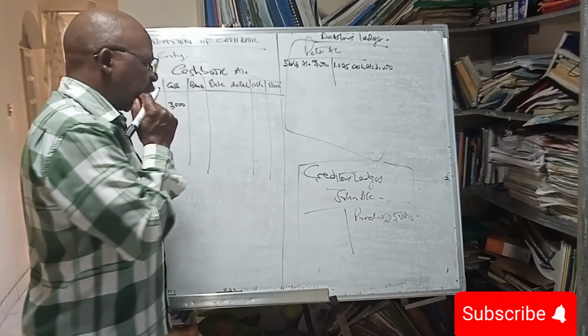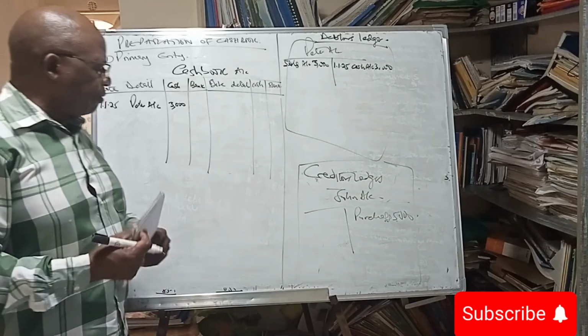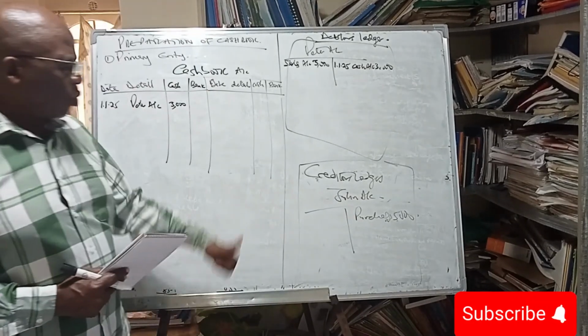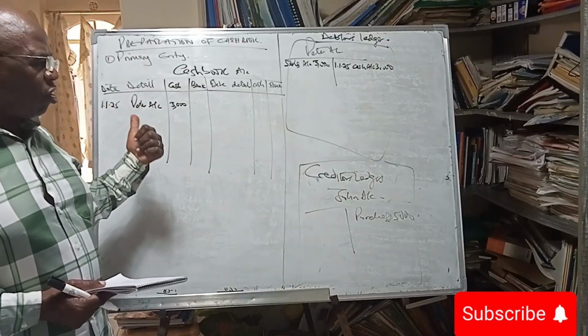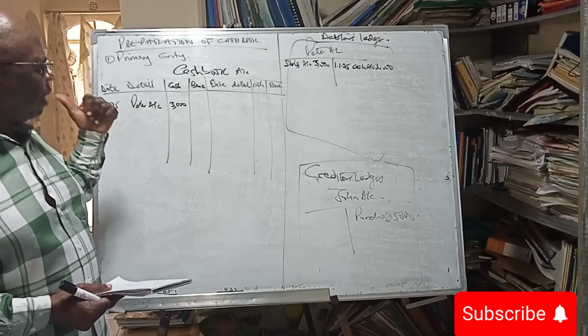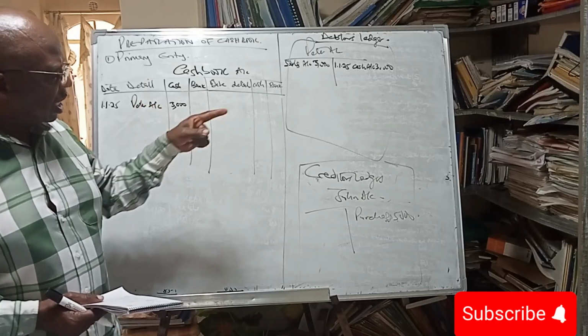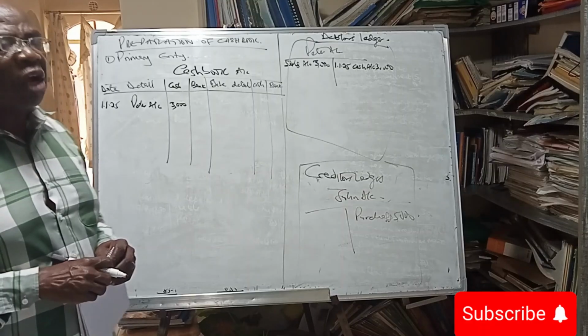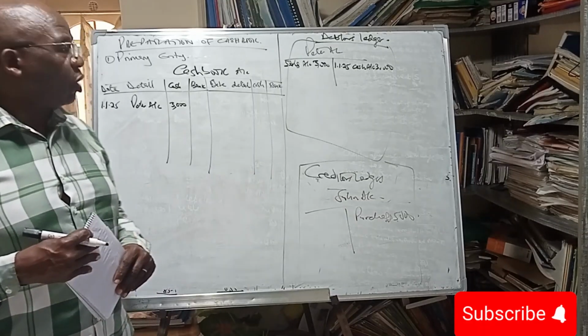Therefore we debited purchases and we credited John with the 5,000. We debited purchases in the general ledger to record a purchase, and we credited John with 5,000 to record a liability.